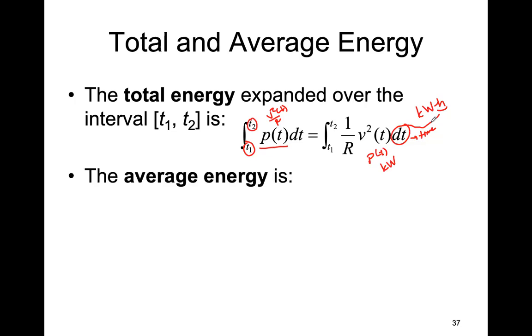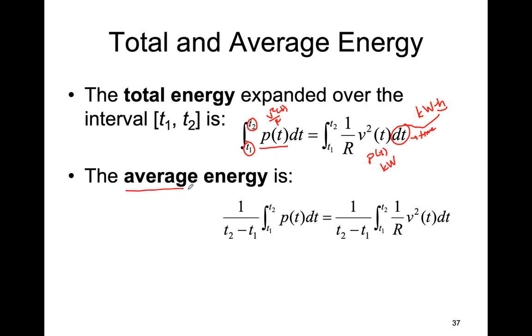If you talk about average, what is average? It is the energy dissipated over a certain time interval divided by the time interval that we have, which is T2 minus T1.